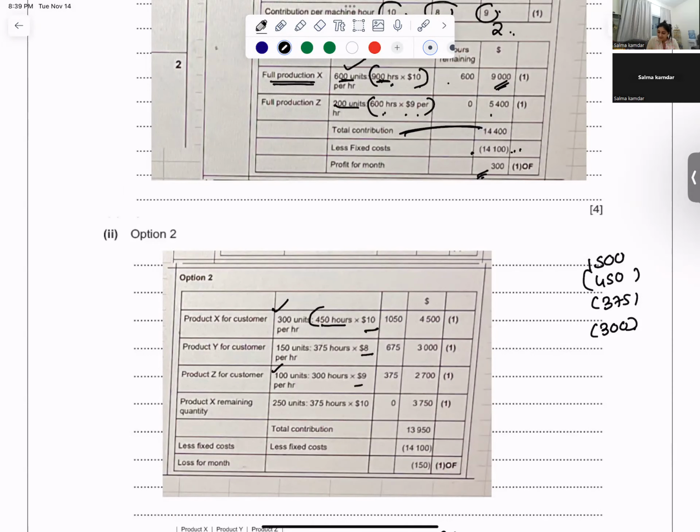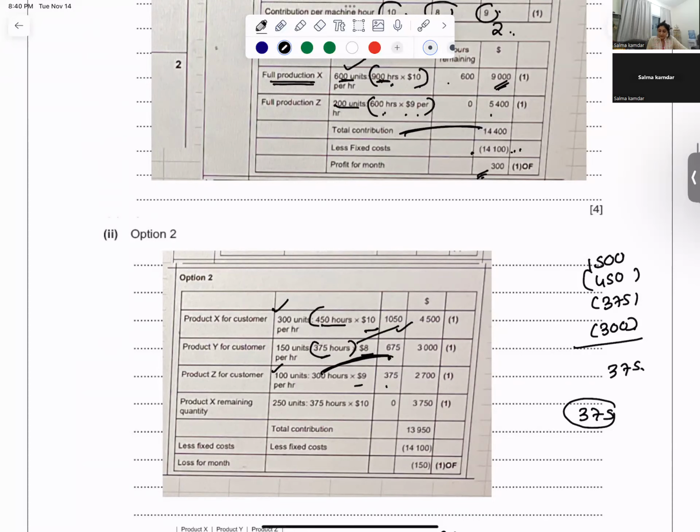Now, how many hours are remaining? 1,500 hours you had minus 450, you will have 1,050 hours. 1,050 minus 375, you will have 675 hours. 675 minus 300, you will have 375 hours. Now you have 375 hours remaining.